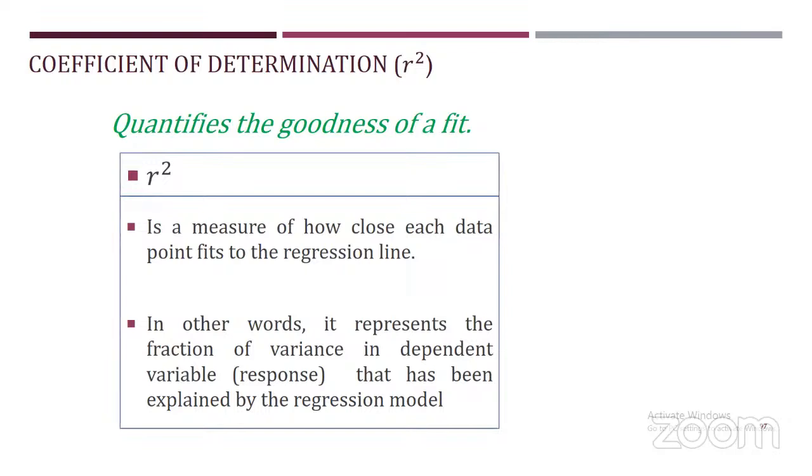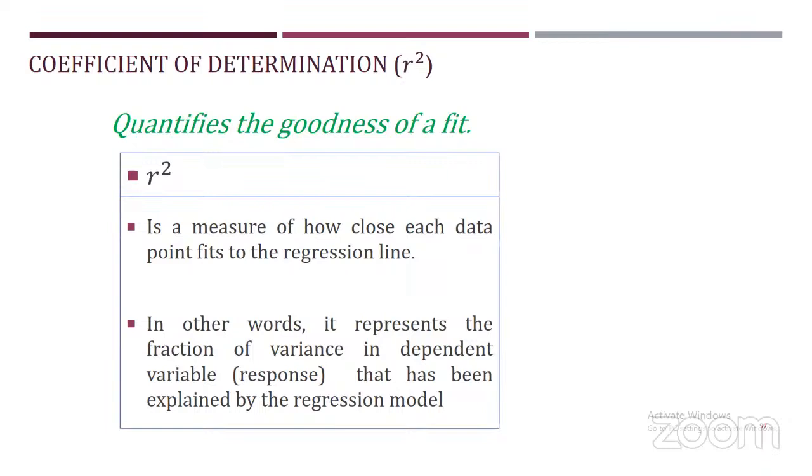One of the measures is the R square measure. This R square measure is also referred to as the coefficient of determination. It shows how close each of the points of your training instances is able to fit to the regression line which you have drawn.